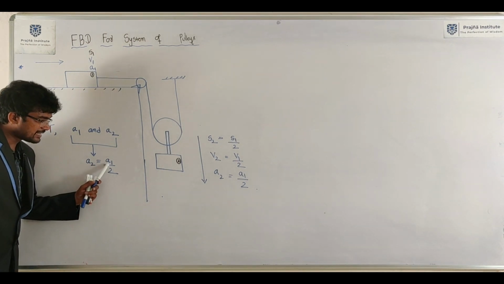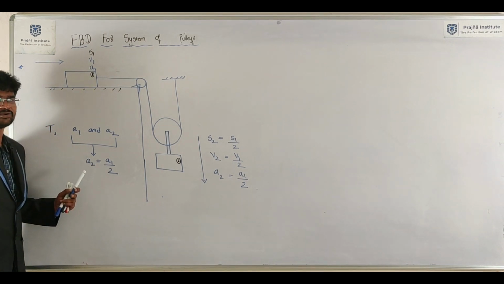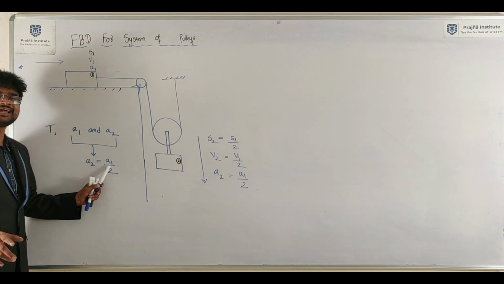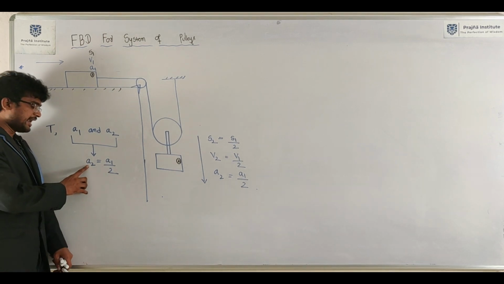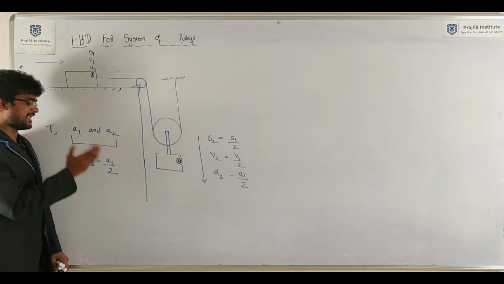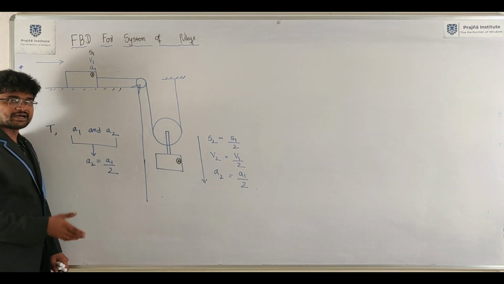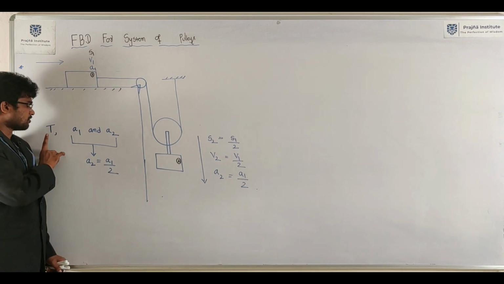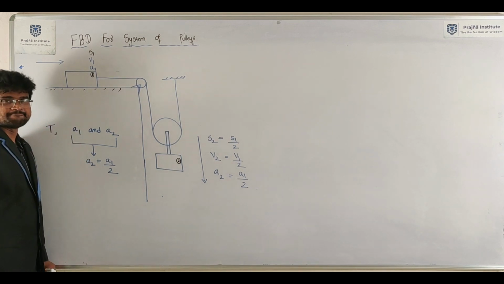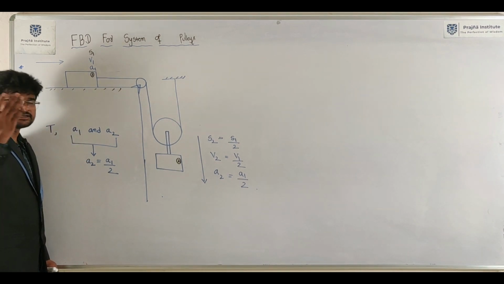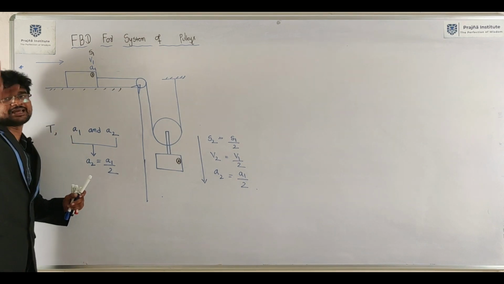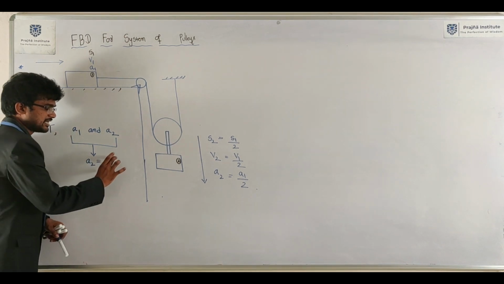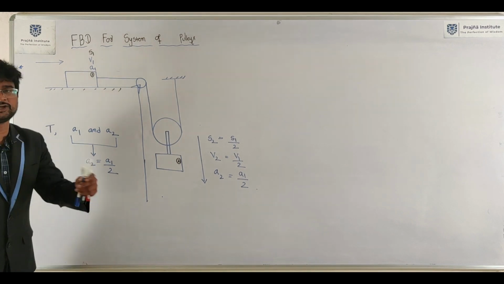Calculate A1 and you can calculate A2. Wherever you see A2, replace with A1 by 2. Then you will get two equations in terms of tension and acceleration. You can solve those two equations and get expressions for tension, A1 and A2.